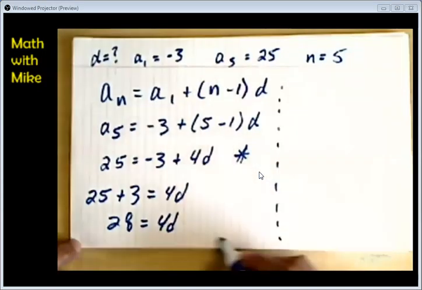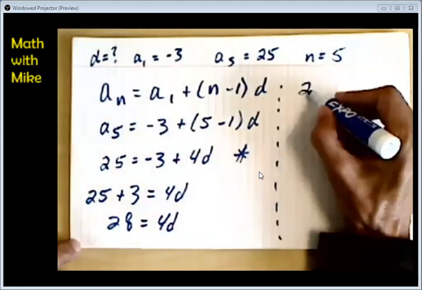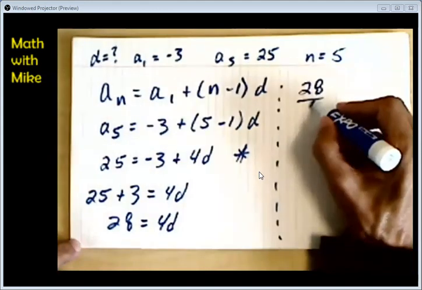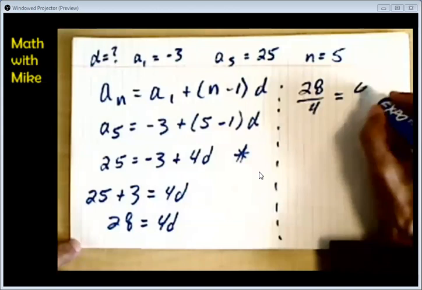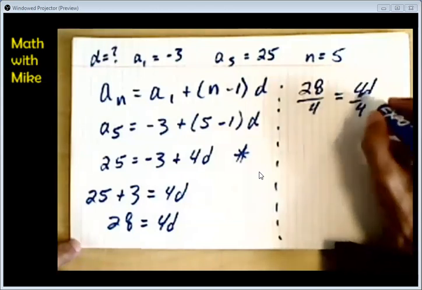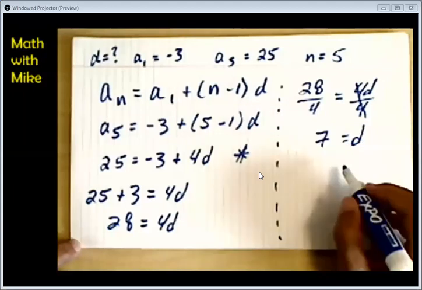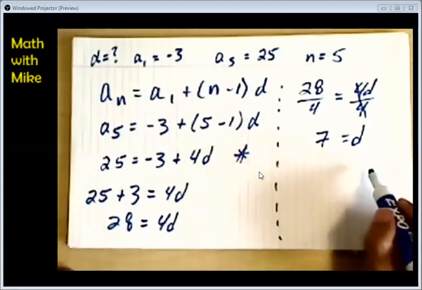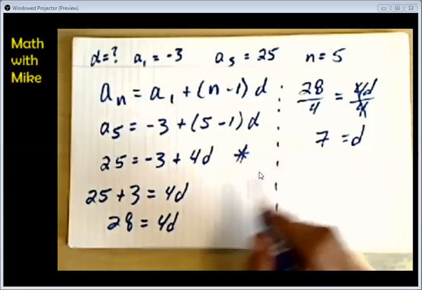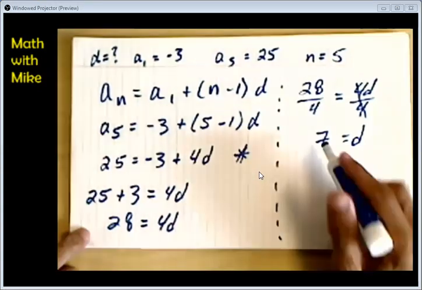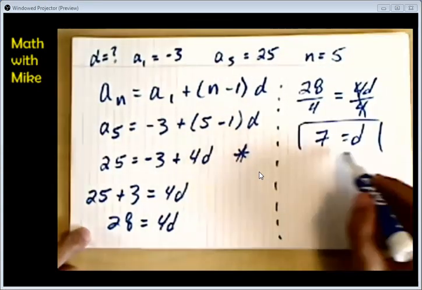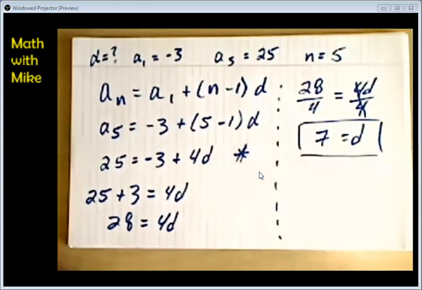Dividing by 4, as you said. Divide by both sides. So D is equal to 7. Nicely done. Doesn't get one of these yet because that's not the end of the question. So almost. Maybe we'll put a box around this, and then we got to figure out what those other terms are.